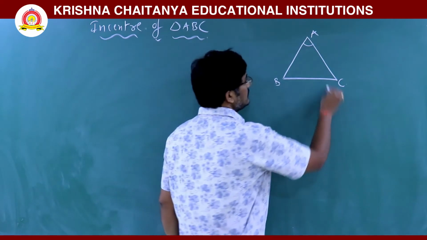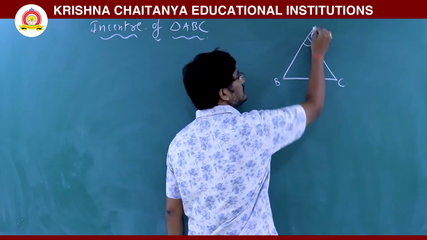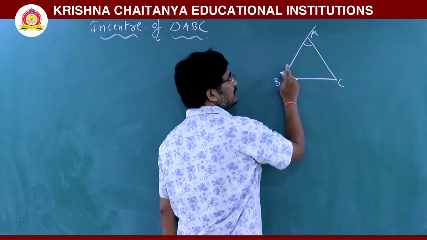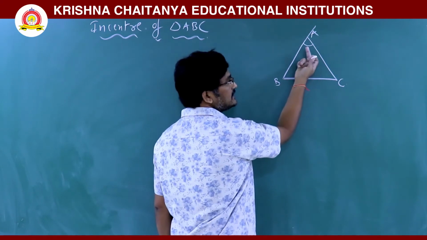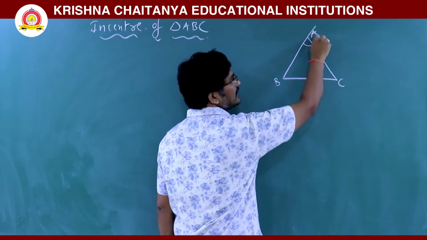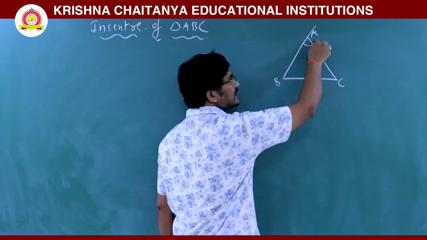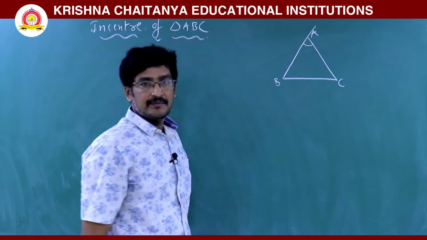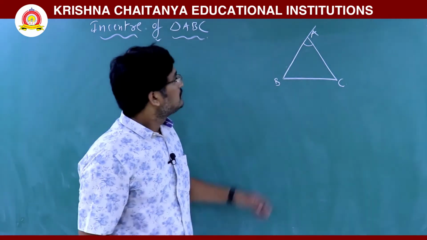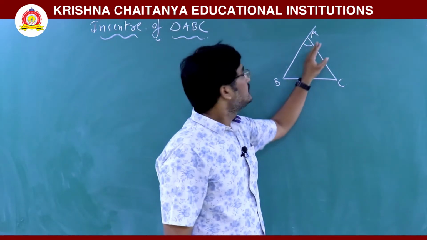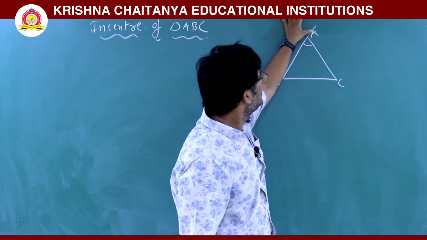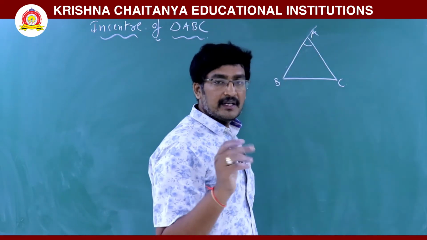Between these two sides, this is inside, this is outside. This is the internal angle between these two sides, and this is the external angle between the same two sides. Now I am telling about the internal angle of triangle ABC.